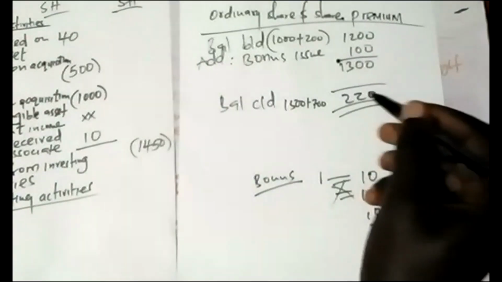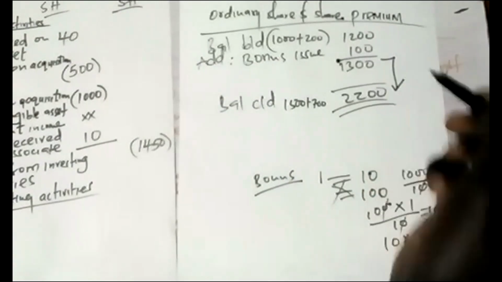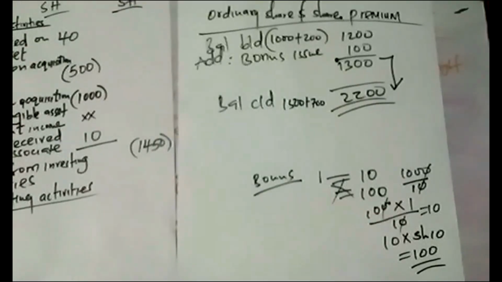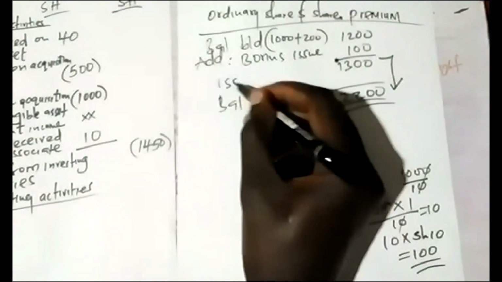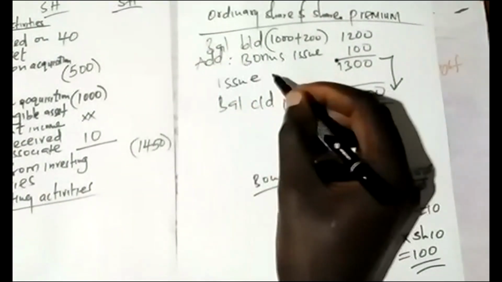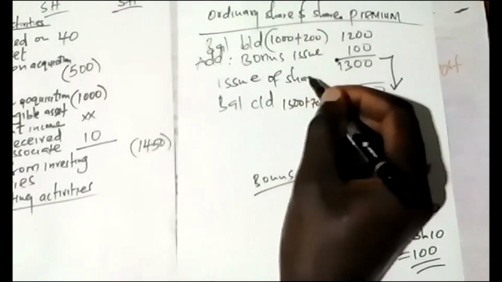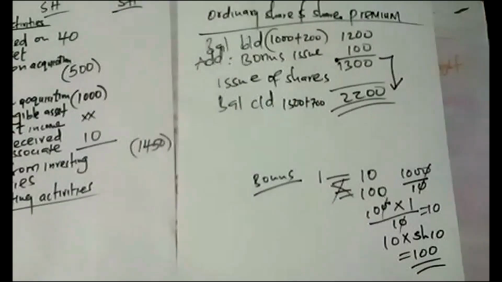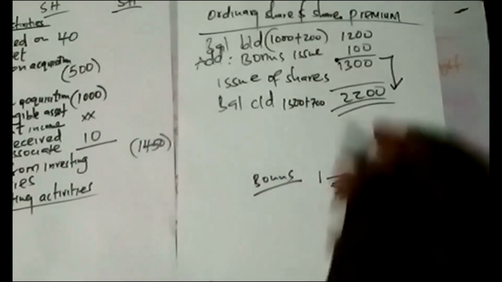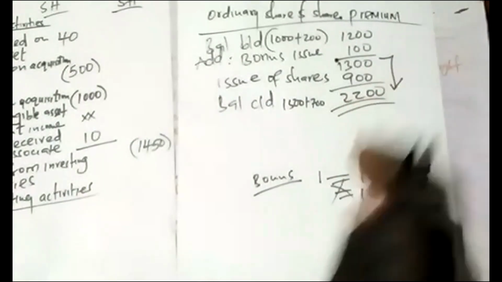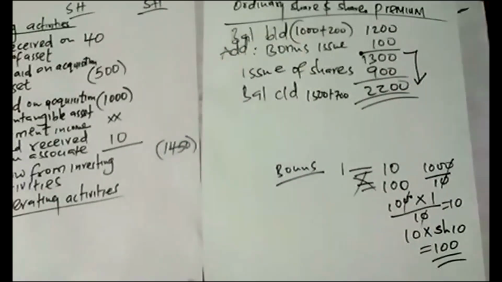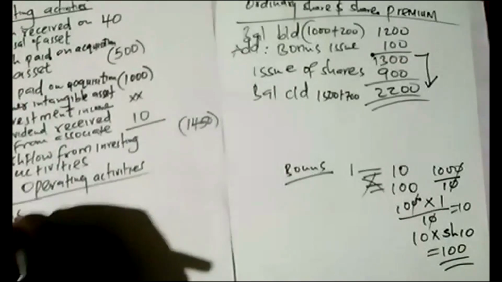You can see it increased from 13 to 22, which means that they received more cash by the end of the period, because they issued shares. So issue of shares, I will take 2,200 minus 1,300. That is 9. That is cash received because it increased. So you say cash received.